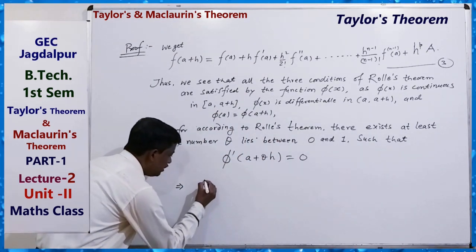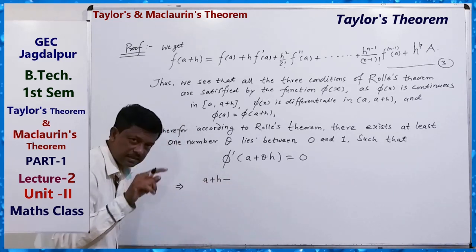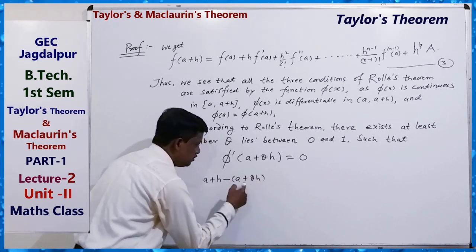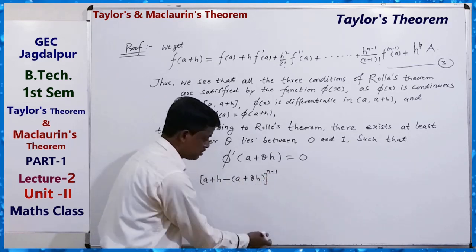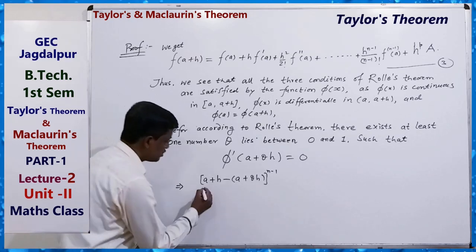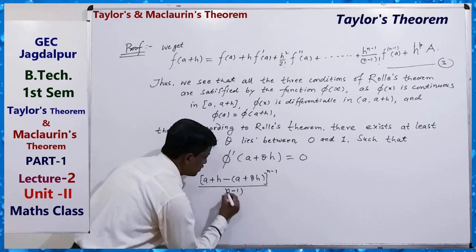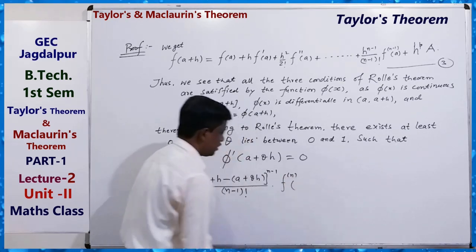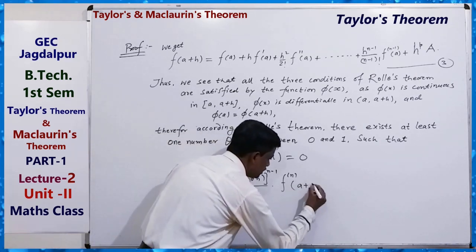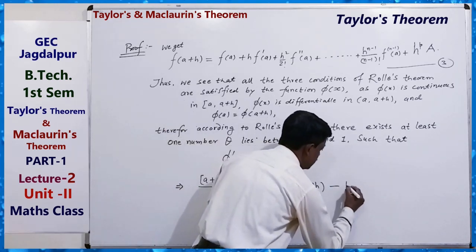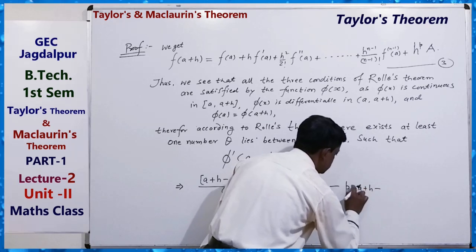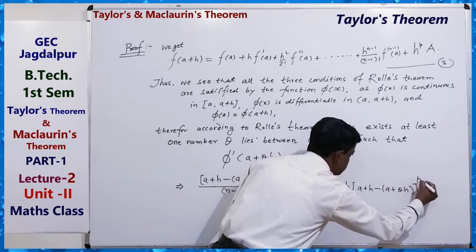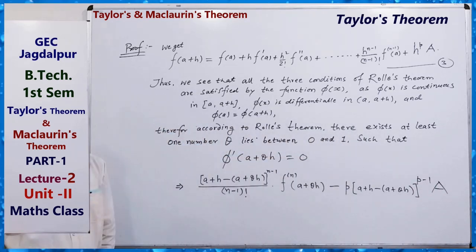So here, a plus h minus x, and in place of x, a plus theta h, power n minus 1, upon (n minus 1) factorial, f n of x, with a plus theta h in place of x, minus p (a plus h minus a plus theta h) power p minus 1 into the constant.